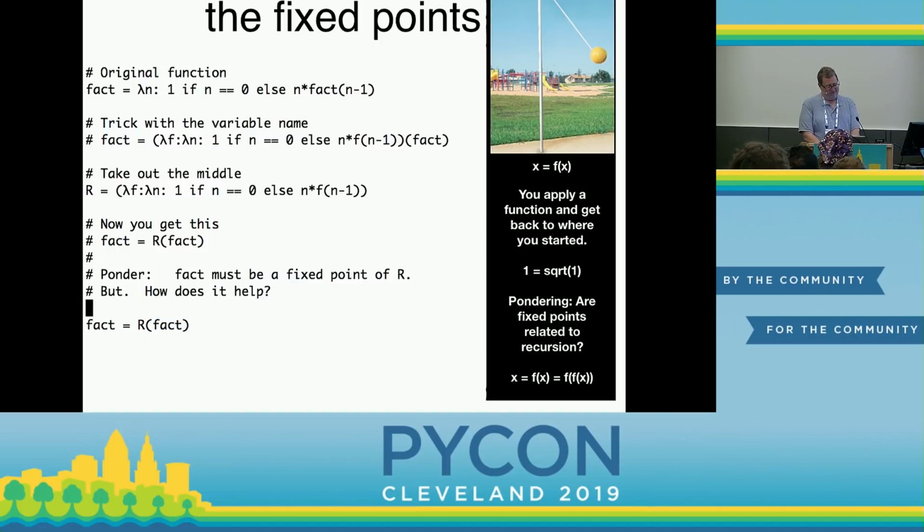We don't even know what fact is as code. I know what R is; R is this thing up here. I don't know what fact is. The only thing I know about fact is that if I can figure out what it is, then fact equals R fact. I just know that if it's a fixed point of R, then that must be true.